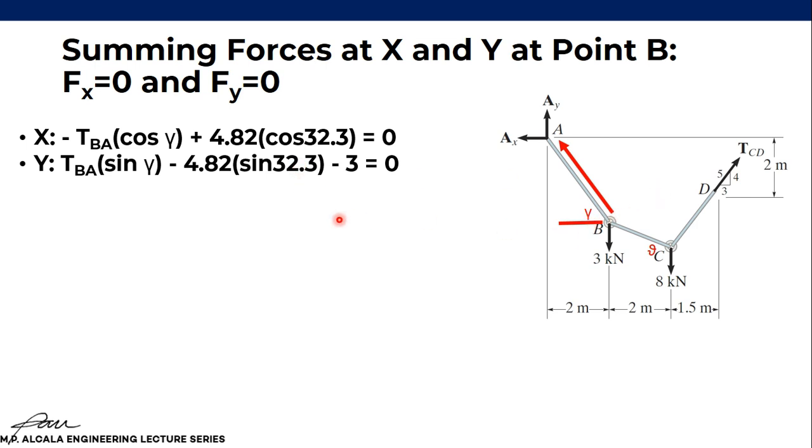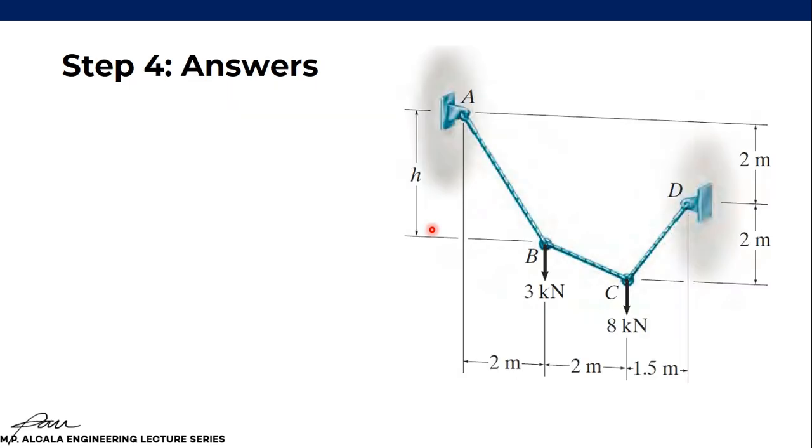So that will be the y component of 4.82, the force of my cable BC, minus 3 kilonewtons downwards. So two equations with two unknowns will give me 6.90 kilonewtons with an angle of inclination of 53.8 degrees. So we're done.